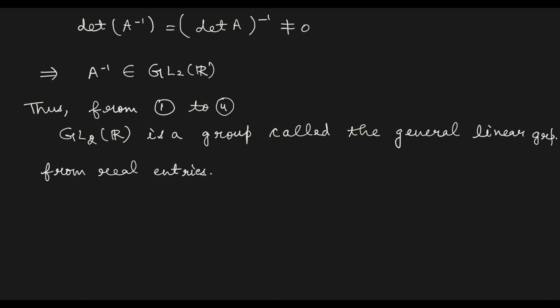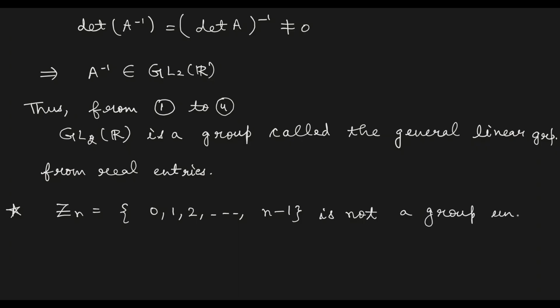Next, Zn: 0, 1, 2, and so on till n minus 1. This is not a group under multiplication modulo n.